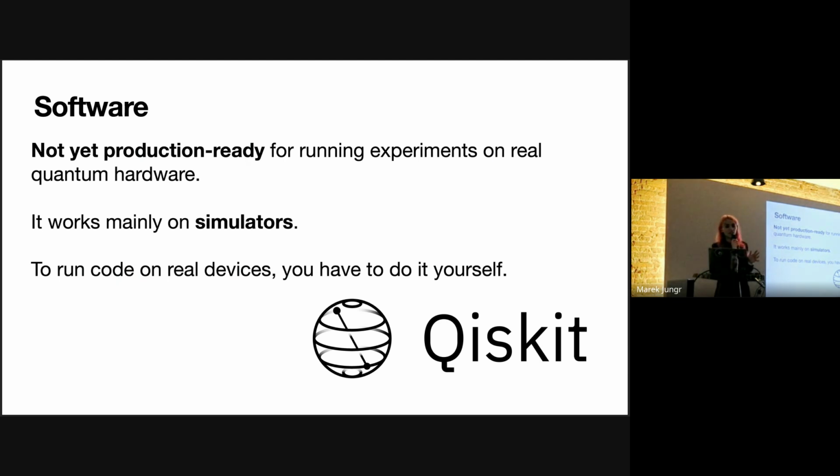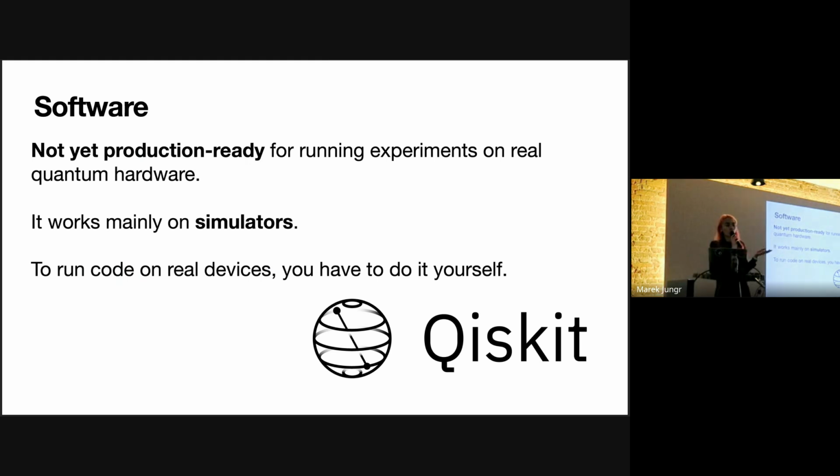Another thing is it's mainly suited for work with quantum simulators, which are, as it says, simulators of quantum devices. It's not real hardware. It's a piece of code which simulates the quantum computations for you locally on your computer. It's a thing you use before you run the software on real hardware, to get at least some expectation of what your code is doing.